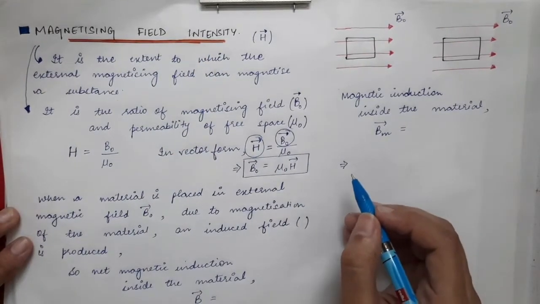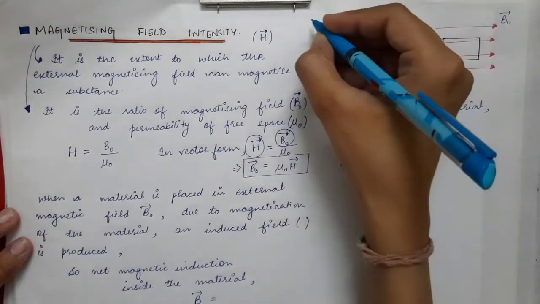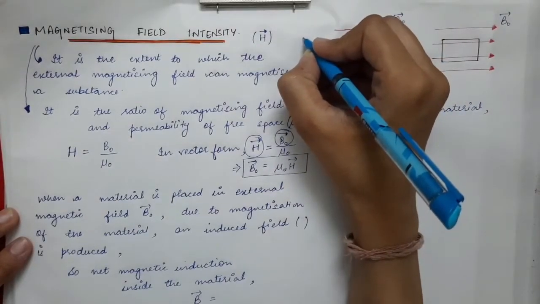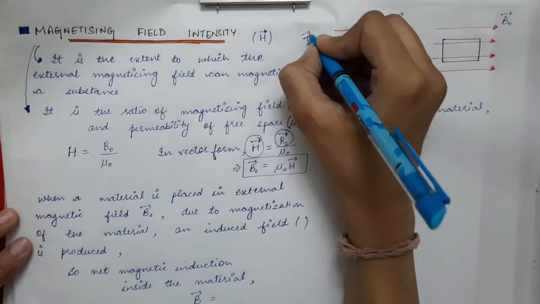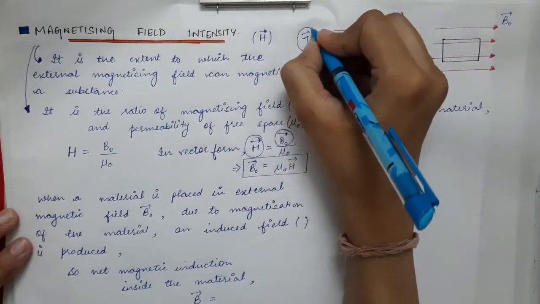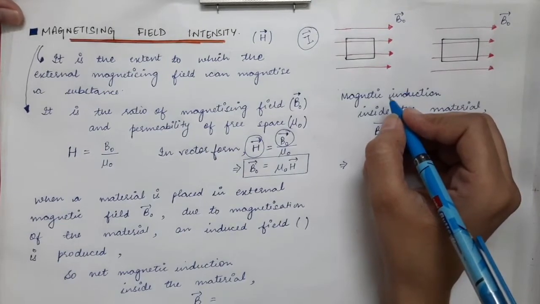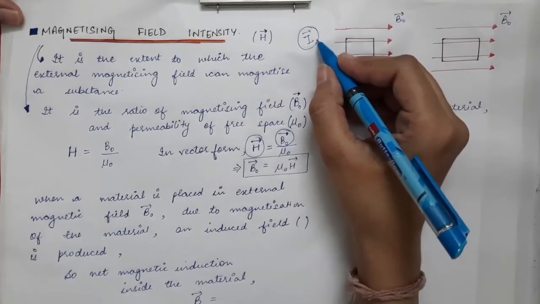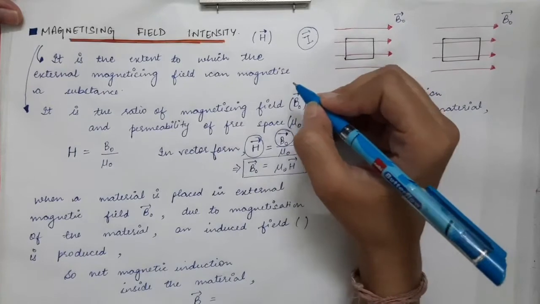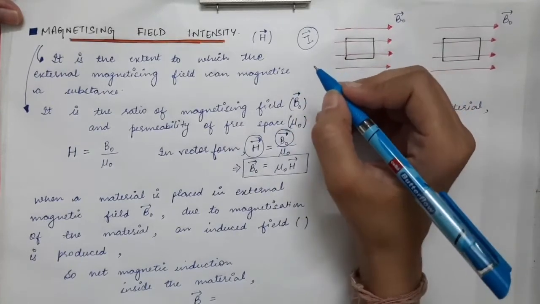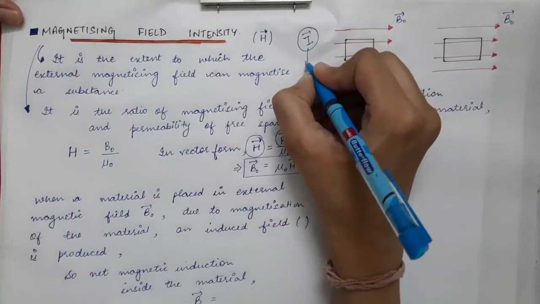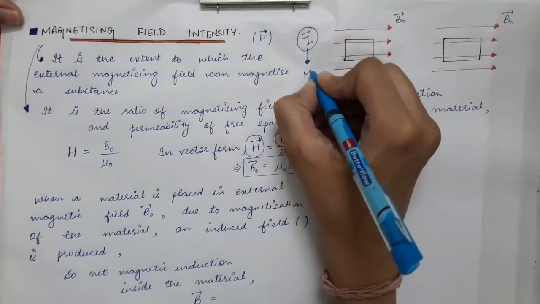Now in the previous lecture we represented the magnetization by I vector. So in the previous lecture we talked about the magnetization or intensity of magnetization, and that was represented by I vector. Now in this lecture and in the upcoming lectures, we will represent the magnetization by another variable, which is M vector.